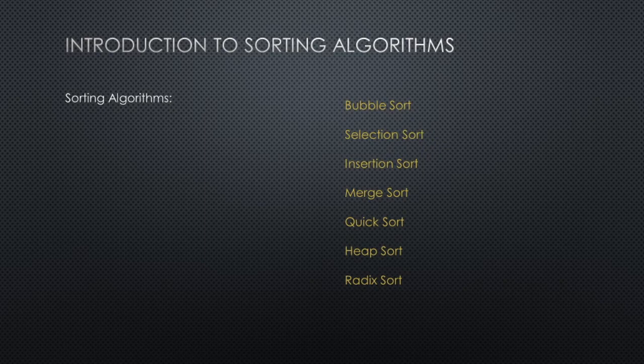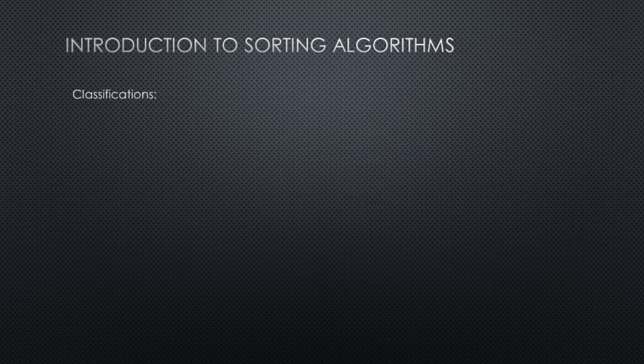We often classify sorting algorithms based on some parameters. The first parameter is time complexity, which is a measure of time taken by an algorithm with respect to input size. Some algorithms will be relatively faster than others. The second parameter is space complexity, or memory usage.